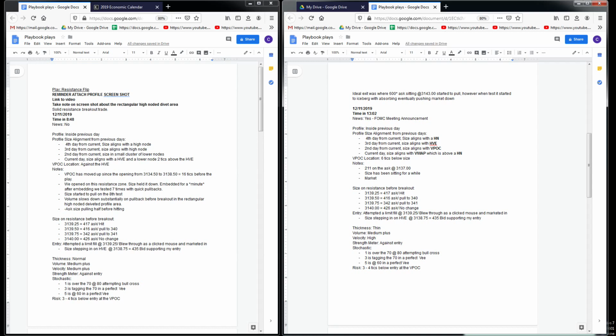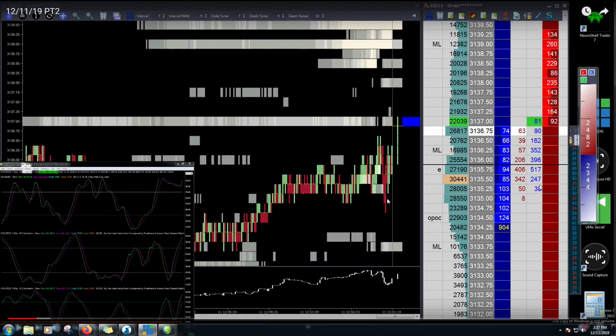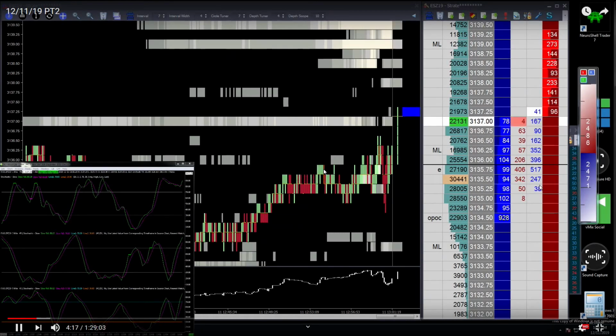So the velocity, what that is, it just pushed very hard. There it is. Okay, that's fascinating, because I'm about to make the entry.